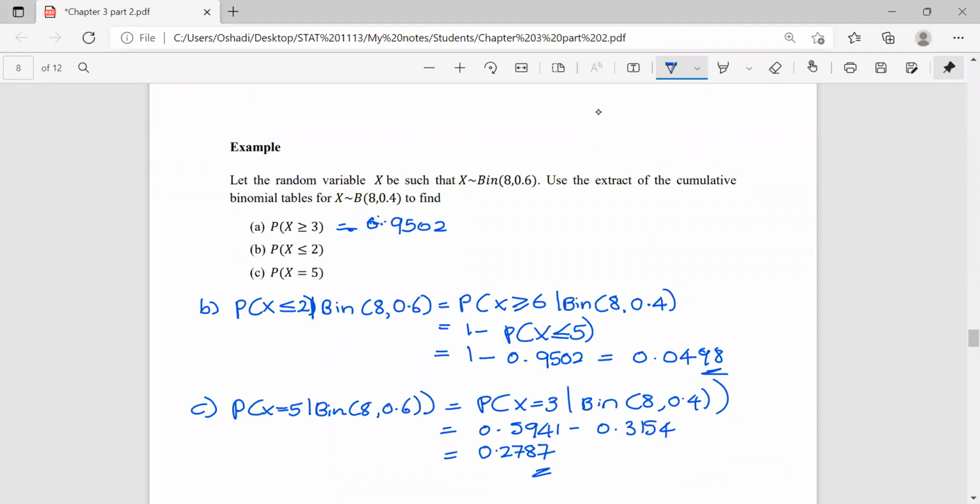Right? So this is how we use the property of symmetry to find the probability values in a binomial distribution.